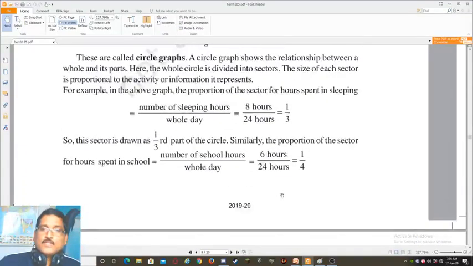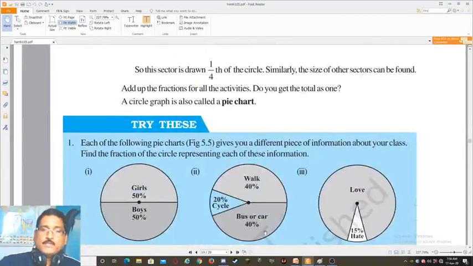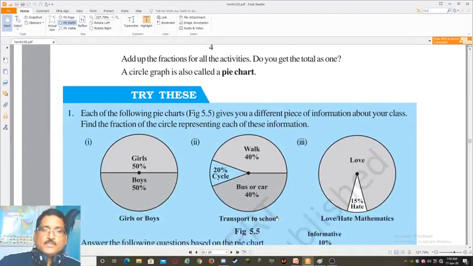So they are converting each part into a fraction. After that, the pie chart. Now here try this. It gives you a different piece of information about your class. Find the fraction of the circle representing each type of information. Girls 50% and boys 50% in a school.